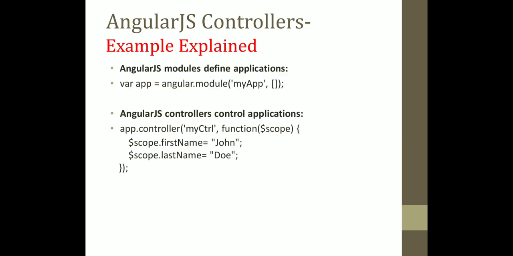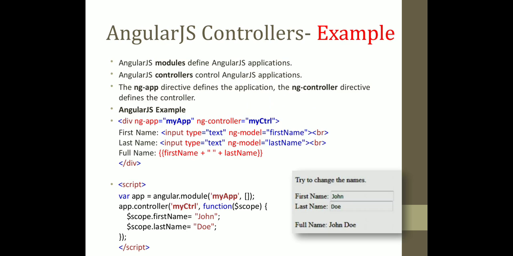I have already given you an idea of how to write those variables and expressions, and how to explain them, like what ng app is doing and what ng controller is doing.